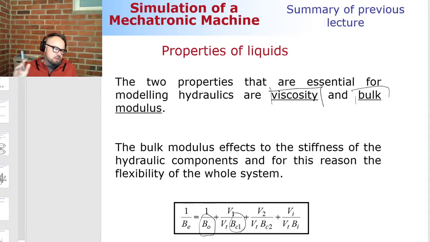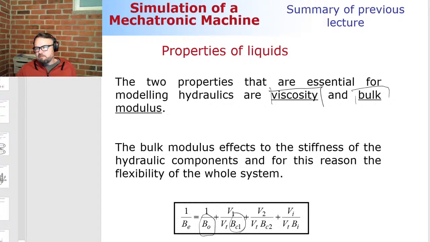The flexibility of containers in practical life varies quite a bit. There are hoses, rubber-made hoses with some steel net, that are capable of introducing significant flexibility to the system. On the other hand, steel pipes and cylinders have practically insignificant flexibility.